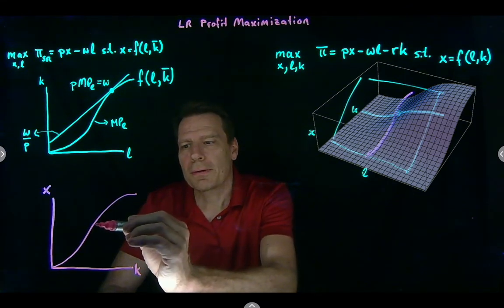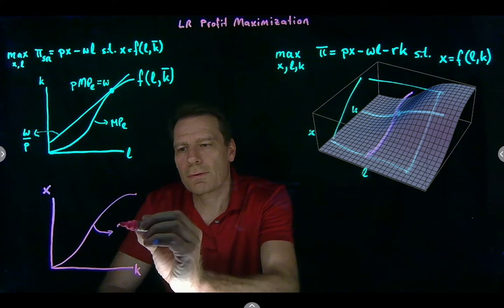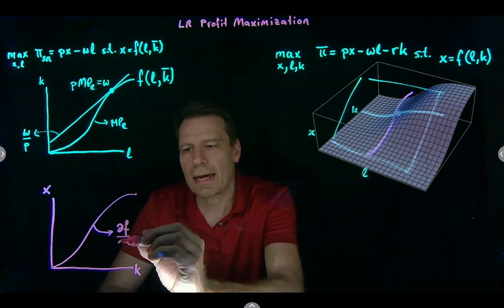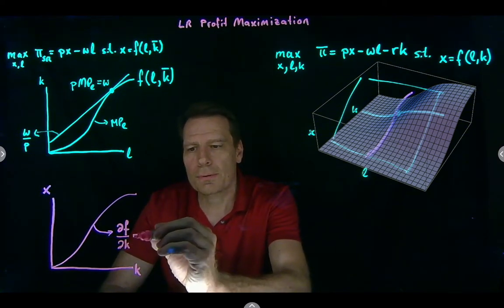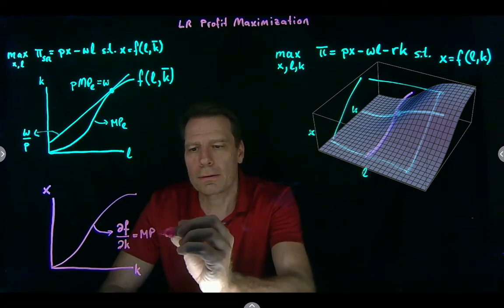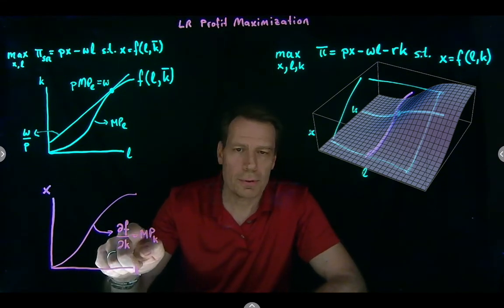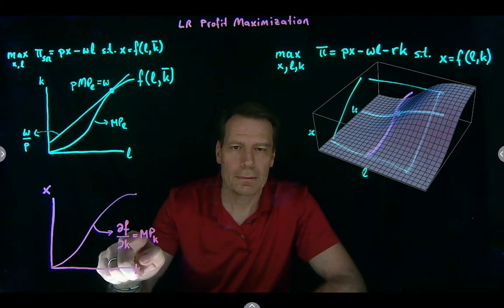only now the slope of that slice is the partial derivative of f with respect to k, because we're varying k, which is just equal to the marginal product of capital. It tells us how much output is going to go up as we vary capital.